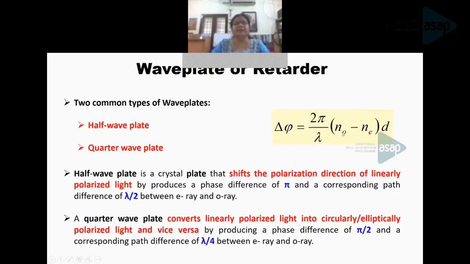Path difference can be estimated by taking the difference in the refractive index of O ray and E ray into the thickness of the medium. So by adjusting the thickness, you can create either half wave plate or quarter wave plate depending on the phase difference.